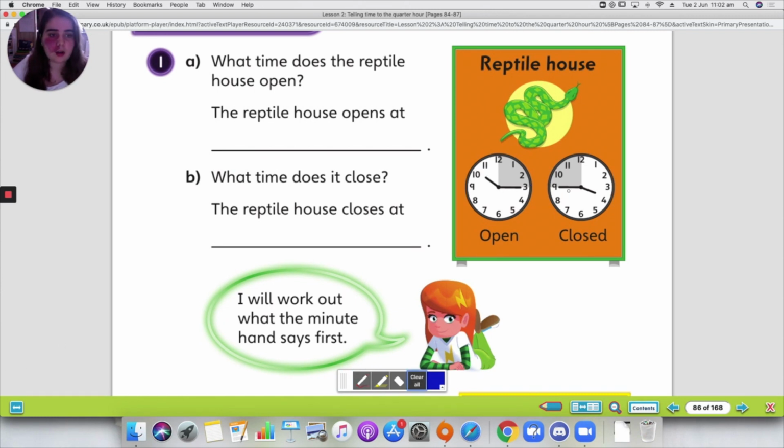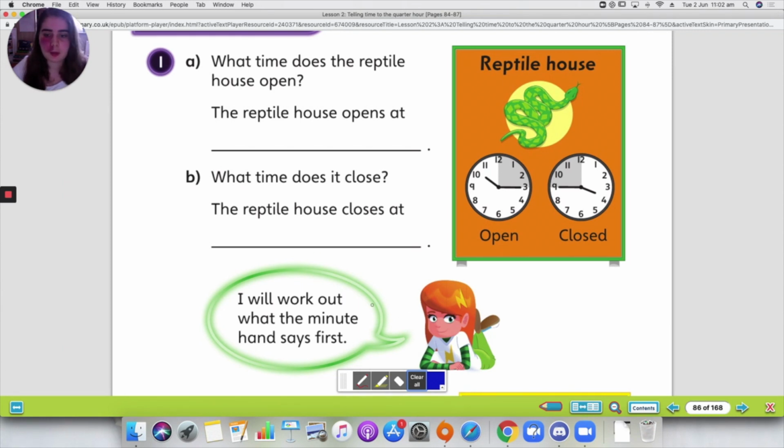So our minute hand has moved all the way around to the 9, so it's moved 3 quarters around and there's 1 quarter left until the next o'clock. So we know it's a quarter to. It's a quarter to which hour? Where is our hour hand closest to? It's closest to the 4, so it's a quarter to 4.